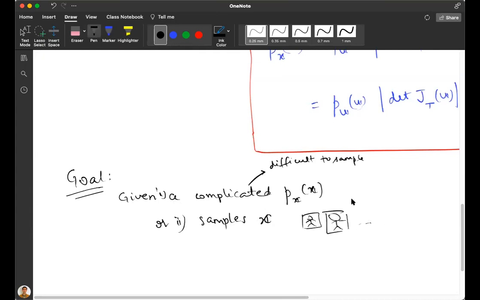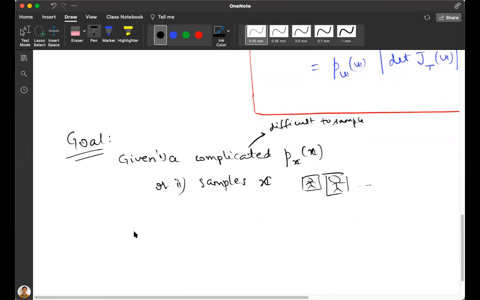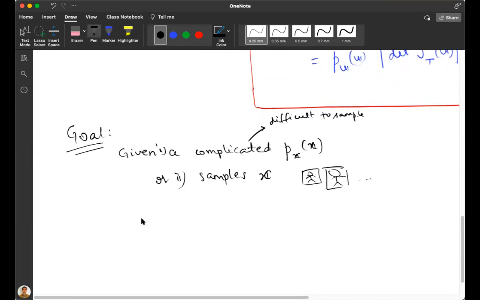Just the samples are given, right? Given a complicated or difficult to sample distribution, can you find a way to sample from P_X(x) efficiently?